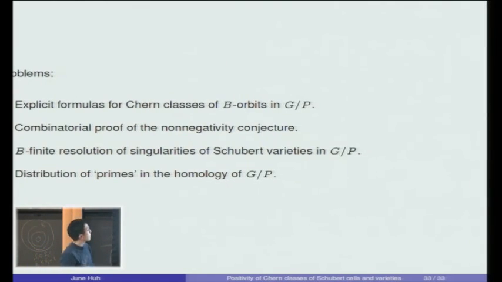And concerning this existence of a special type of resolution of singularities, of course, you could also dream about the existence of some very neat combinatorial characterization, which tells you which Schubert varieties have B-finite log resolutions and which ones do not have.